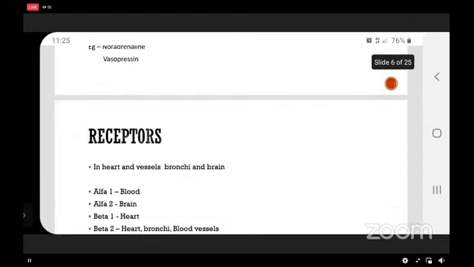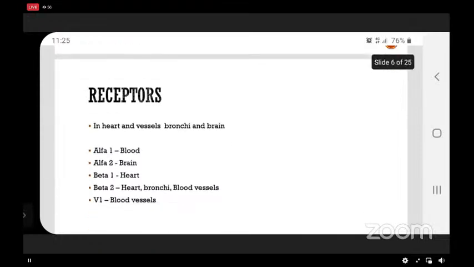Okay, so we should know some idea about the receptors. Receptors are the target places of the drugs that we are giving, or the target of the inotropes and the vasopressors, or in other words, the places where the drugs are going to act in the cells. This is basically very theoretical knowledge.